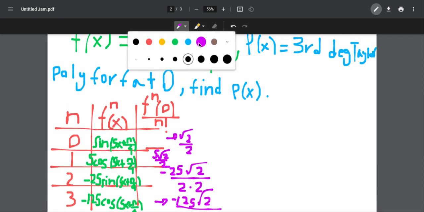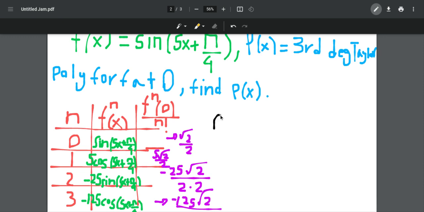Okay, now we're done with most of the steps, and now we want to finalize our final answer. So let me use a different color. Now we have found all the coefficients up to the third degree Taylor polynomial. Now we should just multiply by x to the power of n.